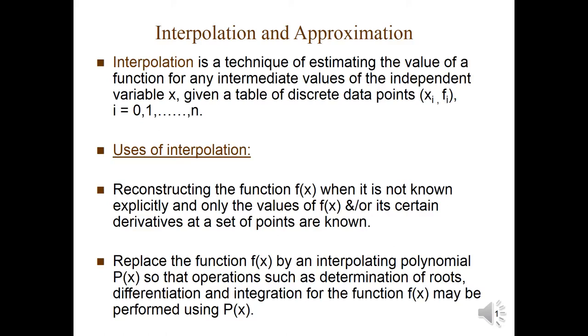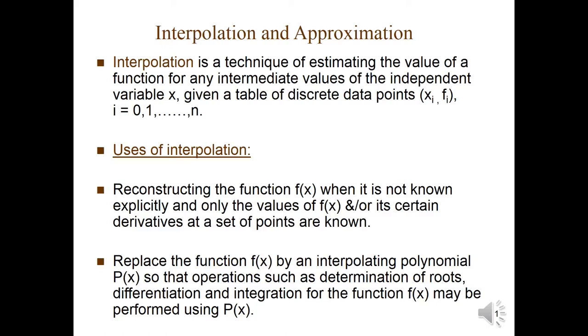Given a table of discrete data points xi, fi, it means we have x as independent variable, y or f(x) is the dependent variable, and we are trying to find the value of function f at a particular value of x which is lying between these data points. So what is the use of interpolation? Reconstructing the function f(x).